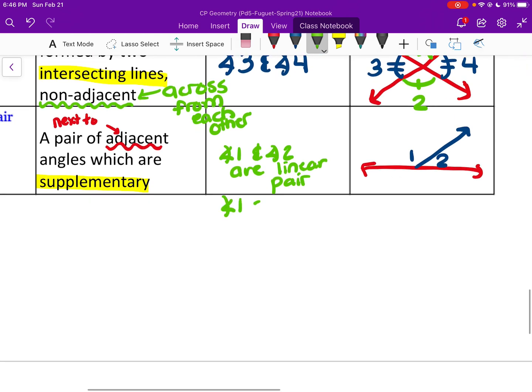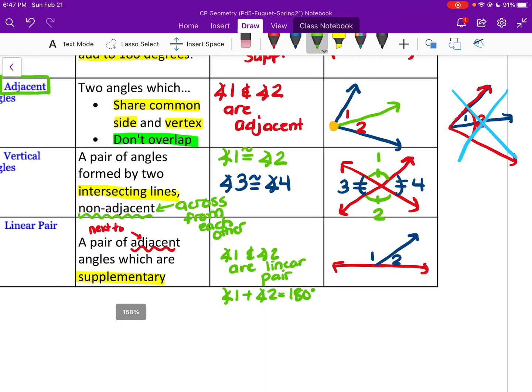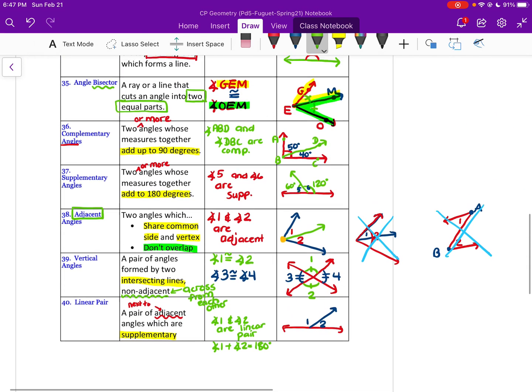So maybe we even say angle 1 plus angle 2 equals 180 degrees. That's what's important here. And then, again, we're getting ahead of ourselves a little bit, but we can say that for vertical angles, they're always going to be congruent. So angle 1 is always congruent to angle 2, and angle 3 is always congruent to angle 4.